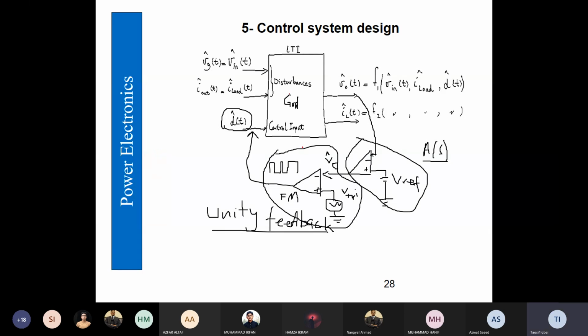So the error is compared with the triangular wave, and depending upon the error signal, when the error is higher than the triangular wave, the op-amp gives us a pulse like this.